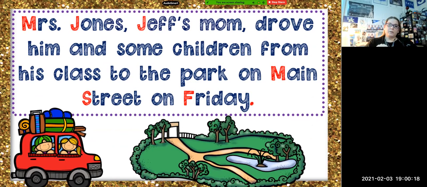So before we move on, what are the common nouns in this sentence? We have the word children. Is children singular or plural? Is it one or more than one? It is more than one, so that makes it plural.